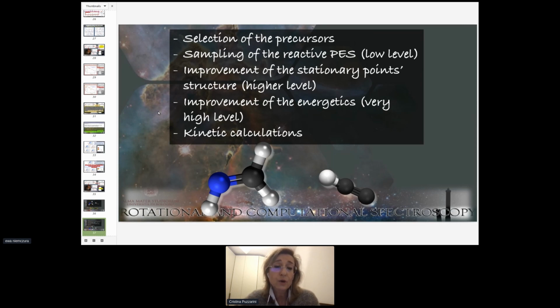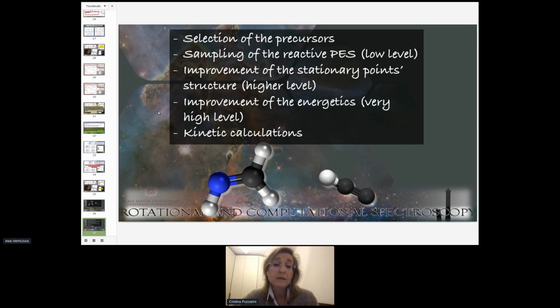Then you need to do an accurate, low-level sampling of all of the reactive potential energy surface. Then you retain only the open paths and improve the stationary points.